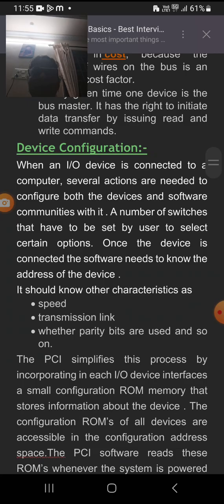So PCI simplifies this process by incorporating in each input-output device interface a small configuration ROM, that is, read-only memory, that stores information about the device. The configuration ROMs of all devices are accessible in the configuration address space.